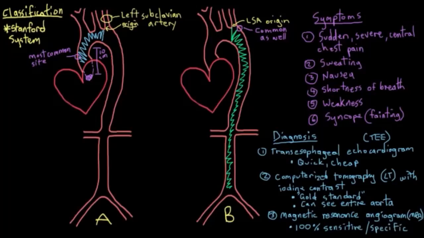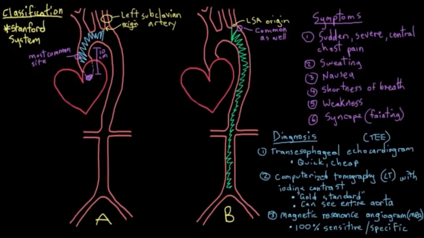And so to diagnose it, we have the TEE, transesophageal echocardiogram. It's very quick and cheap, but it's not too sensitive. They send sound waves through the esophagus and see what's happening. Also we have the computerized tomography, the CT scan, with iodine contrast.